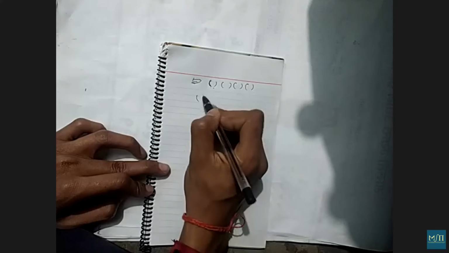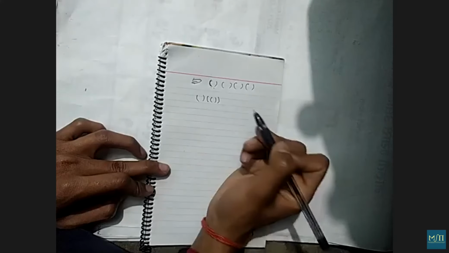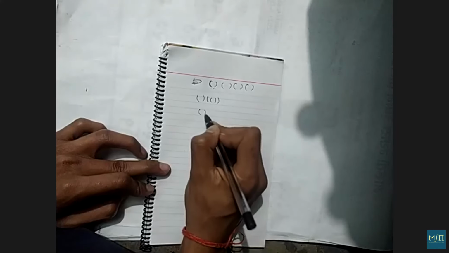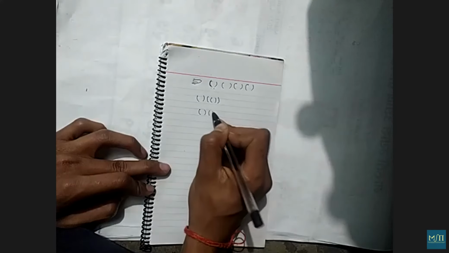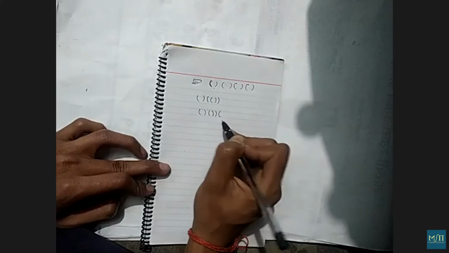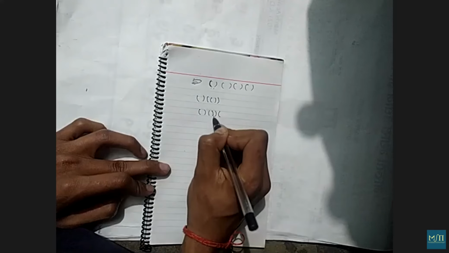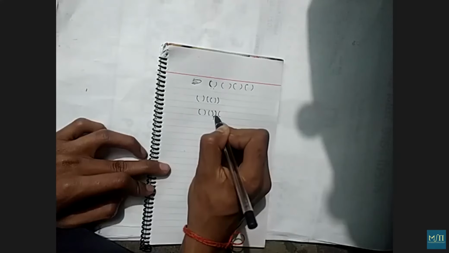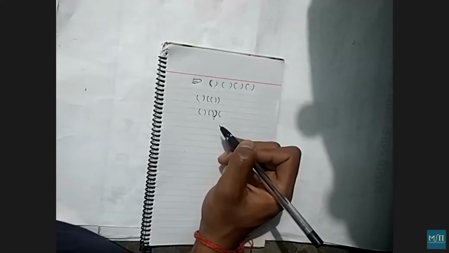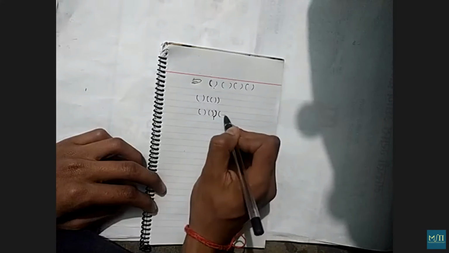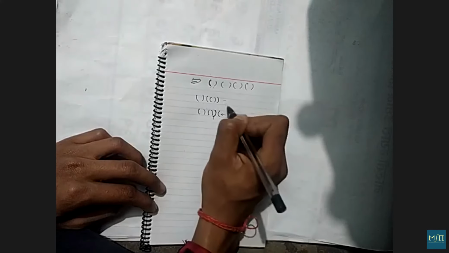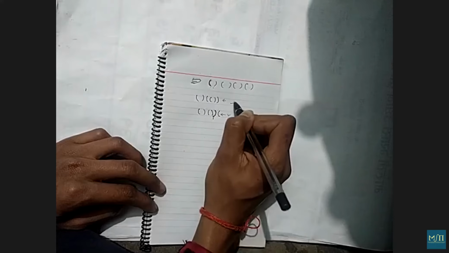For example, this is valid, but this and maybe like this will not be valid, because at this point we will be closing a bracket that has not been started. So this arrangement is not valid, but this arrangement is valid.